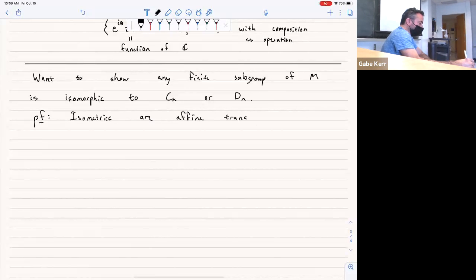Affine is a looser version of linear. They're not linear because the translation is not linear, but there is some sense in which they preserve the algebra of the plane.